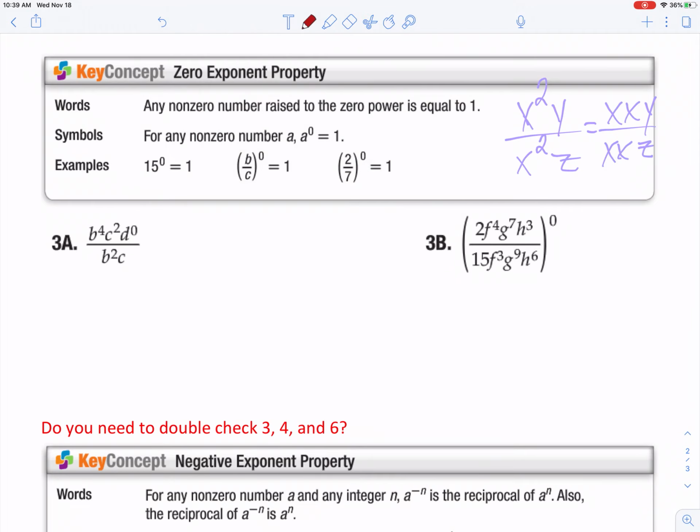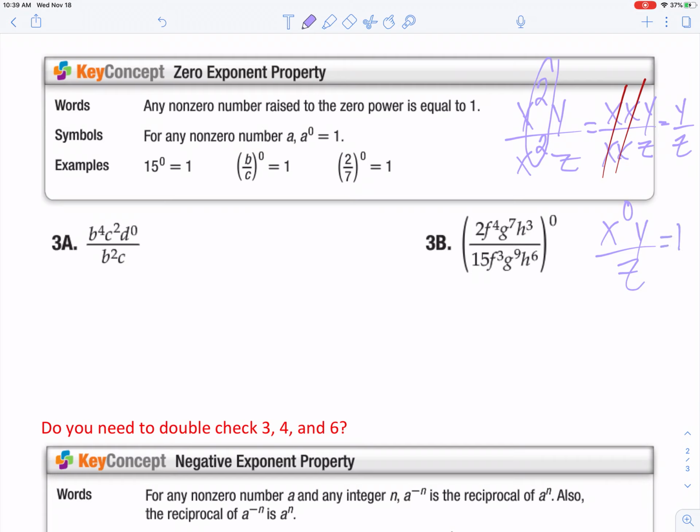If you're showing your work and really writing it out, those just cancel, right? Okay, and your answer is just y over z. But over here, if you had done 2 minus 2, you would have ended up with x to the 0, y over z. Well, again, x to the 0 is just 1.